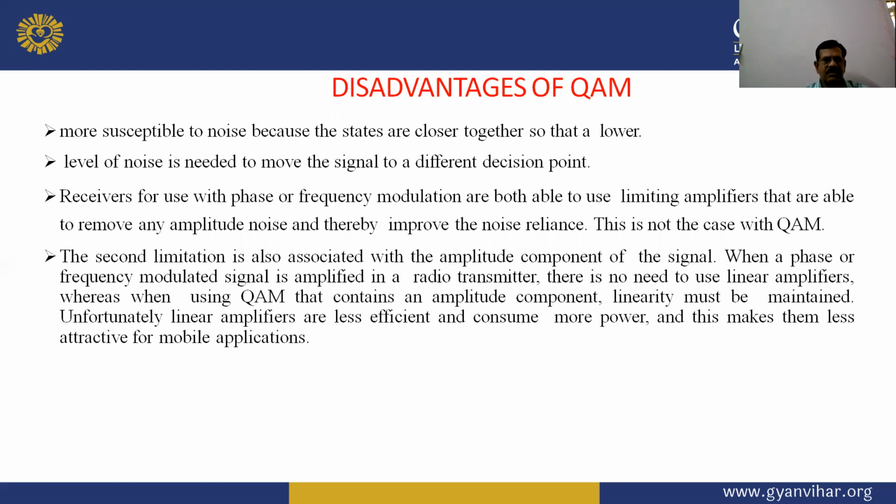Next, the second limitation is also associated with the amplitude components of the signal. When a phase or frequency modulated signal is amplified in a radio transmitter, there is no need to use linear amplifiers. Whereas when using QAM, which contains an amplitude component, linearity must be maintained.